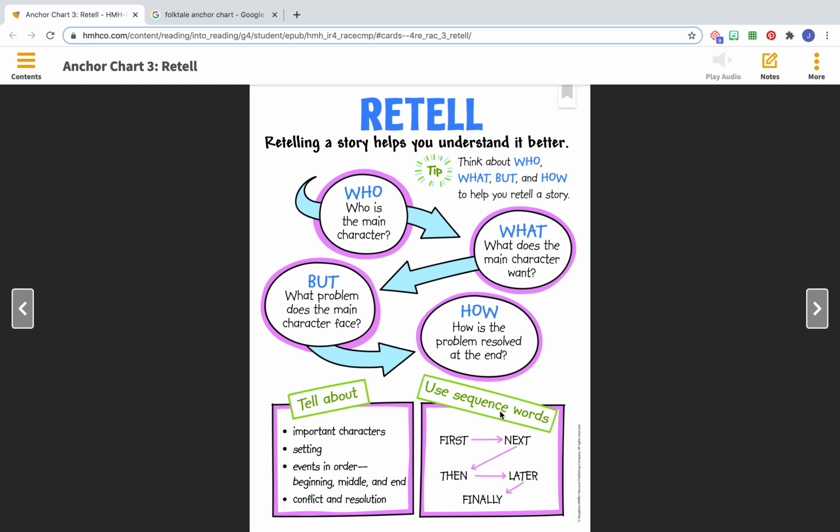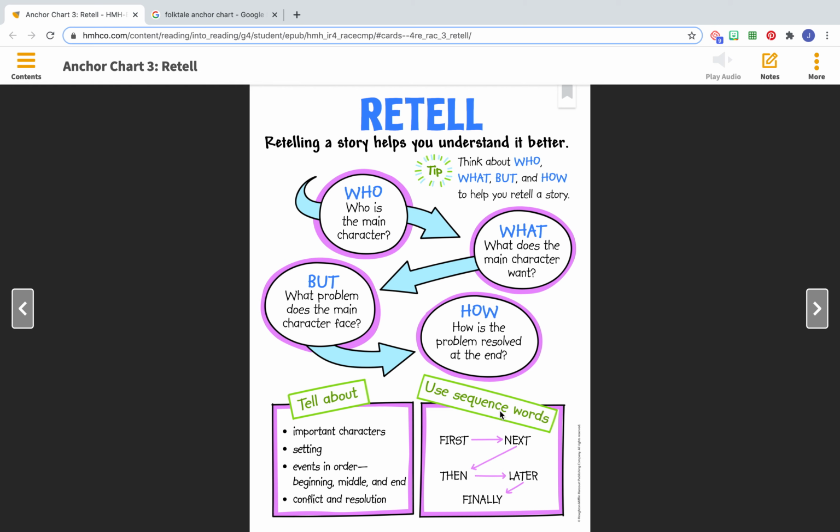So when you're telling something in order of the way that it happens, then you want to use those sequence words like first, next, then, later, or finally. You also need to think about the words that will help guide you, which would be who, what, where, and how, to help you remember to include all the important parts in your retelling.